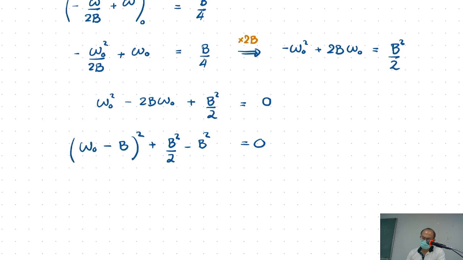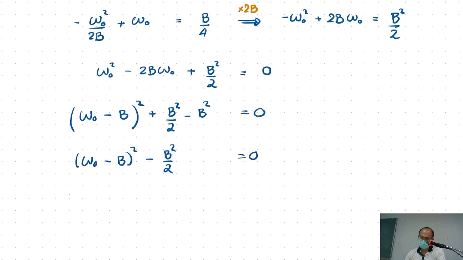So this is just omega 0 minus b squared minus b squared over 2, equal to 0.